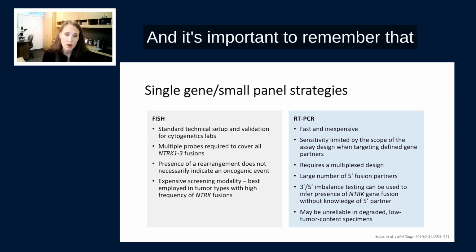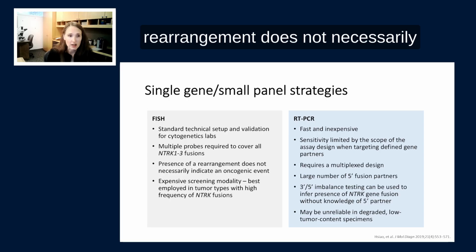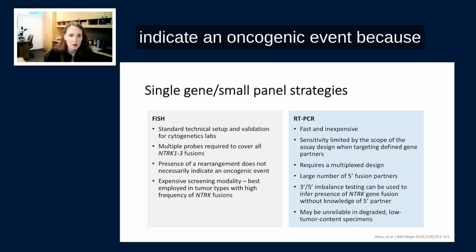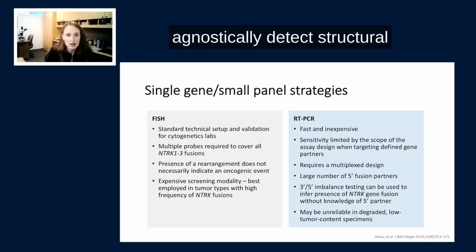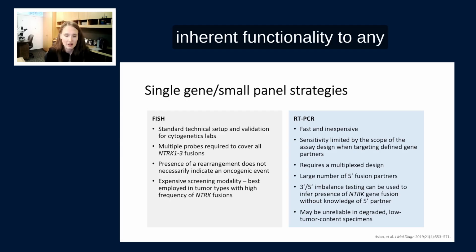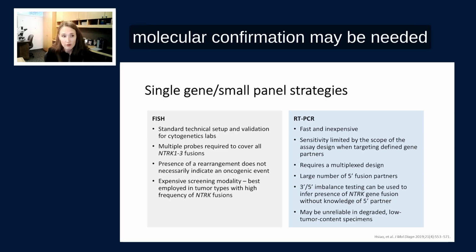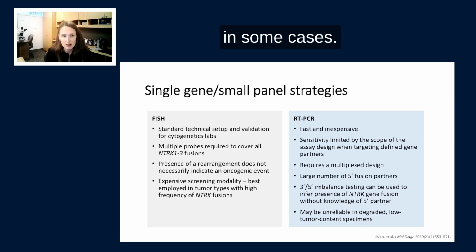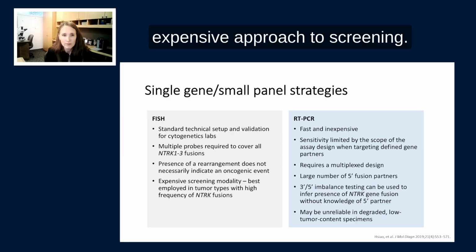And it's important to remember that with FISH, the presence of a rearrangement does not necessarily indicate an oncogenic event, because FISH can agnostically detect structural rearrangements. There's not an inherent functionality to any alteration that is seen by FISH. So molecular confirmation may be needed in some cases. And in general, this is a relatively expensive approach to screening.